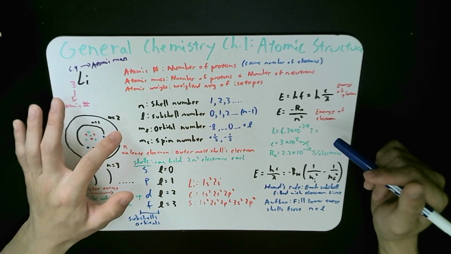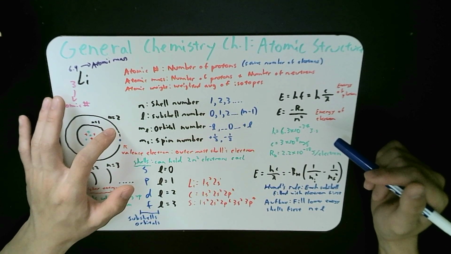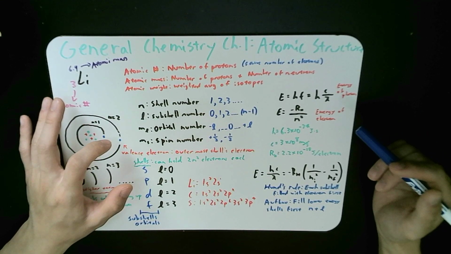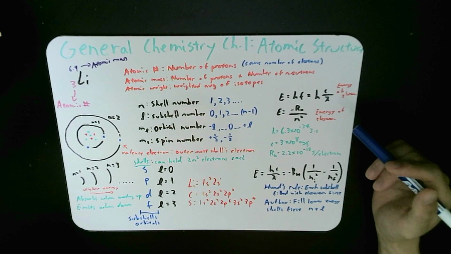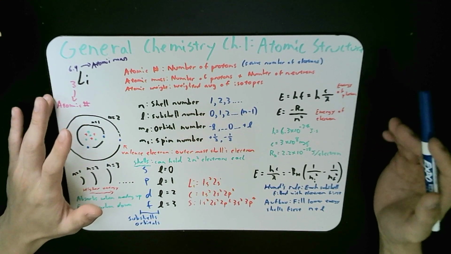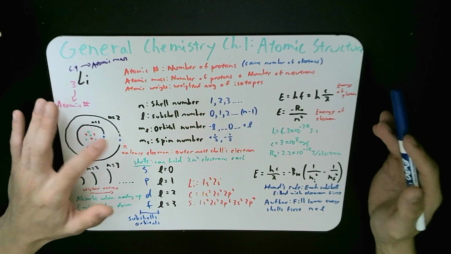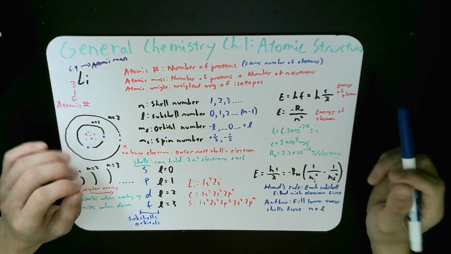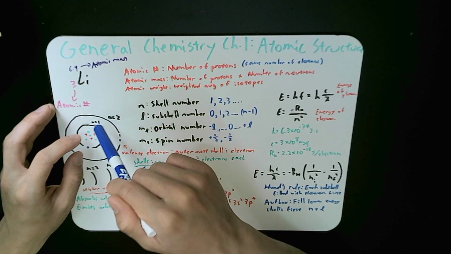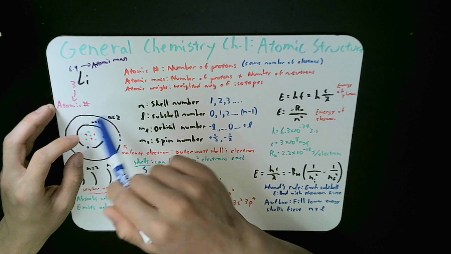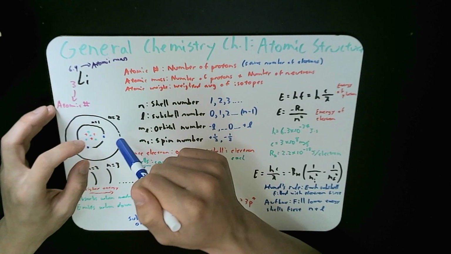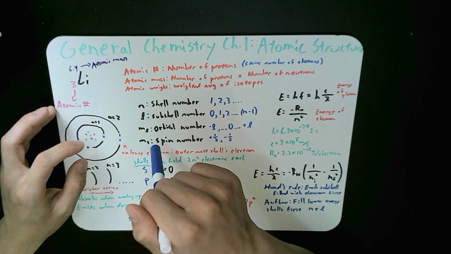From 2, it's called the Balmer series, and that energy is noticeably smaller compared to jumping from 1. The wavelength will be bigger and the frequency smaller, within the visible light spectrum. So by shining UV light onto n equals 1, you can permit a change in the jumping of shells, and if you shine visible light onto an n equals 2 electron, it could jump out of that shell.